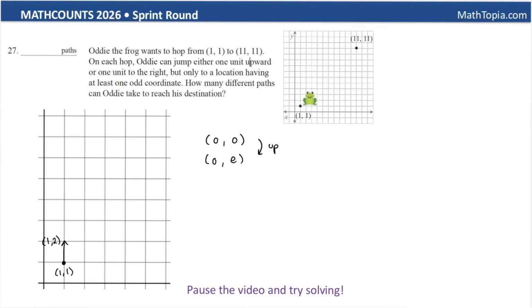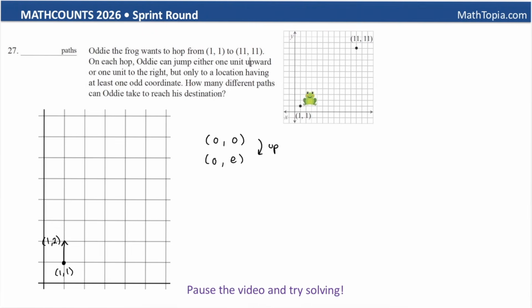Let's say that he goes right. That affects the x-coordinate, so now he's at 1 plus an odd, which is an even, followed by an even, and we can see that if he goes right he ends at the point (2, 2). However, this doesn't work because (2, 2) is two even coordinates, and we need at least 1 odd. So he cannot go right after going up.